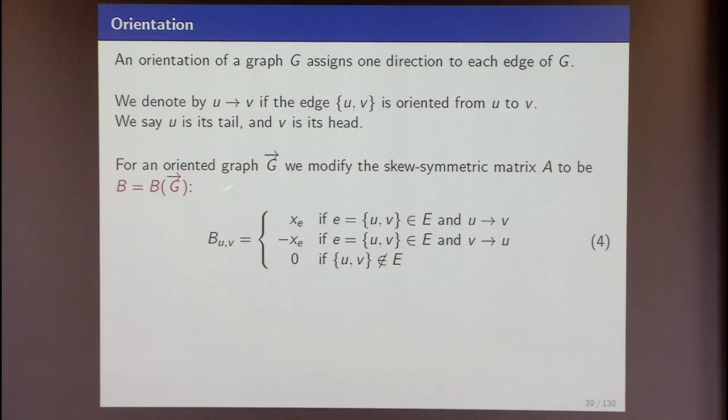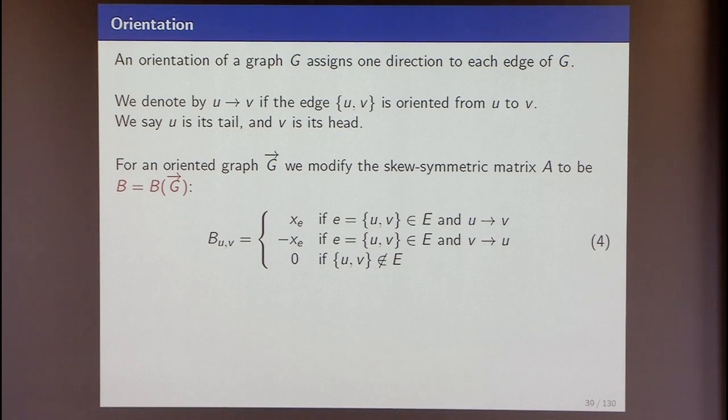And for an oriented graph, let's modify this matrix in the following way. Namely, if you are orienting from U to V, then you just put this x_e there. Otherwise, if you orient it from V to U, then you put a negative there in this entry of VU.